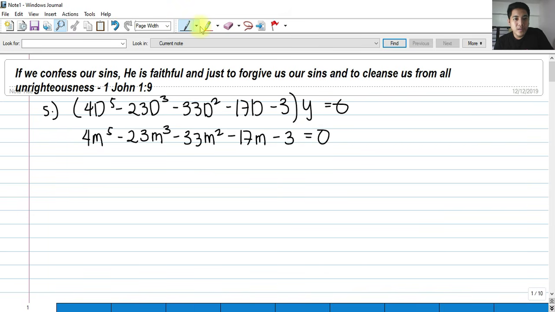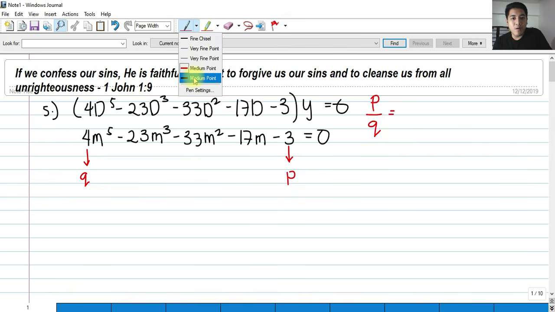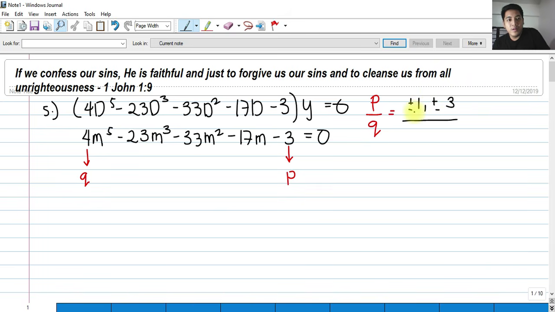In order for us to find the possible factors that would make this equation 0 or true, or the roots, we can label this as Q, and we can label this as P, and our P over Q factors are, for our P, positive negative 1, positive negative 3 over the 4, positive negative 1, positive negative 2, positive negative 4 itself.